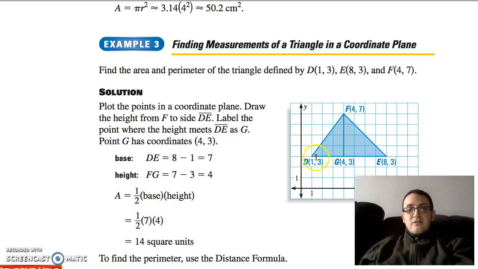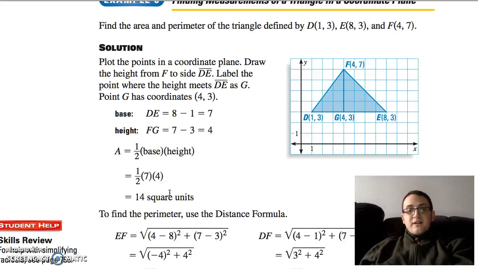Like I could do 1, 2, 3, 4, 5, 6, 7 on the bottom. And I can do 1, 2, 3, 4 for my height. And I can plug in my base times my height times 1/2 to get my area.